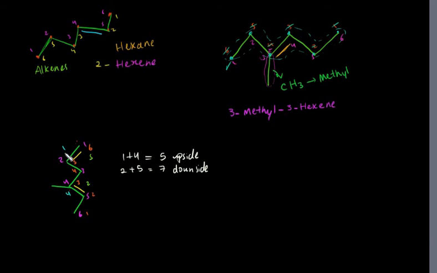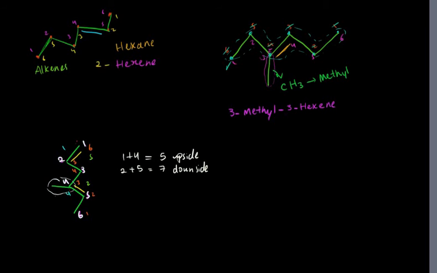First I need to see where my branch, my substituent, is. As we said that we count the numbers from the upside, it will be like this: 1, 2, 3, 4, 5, 6.